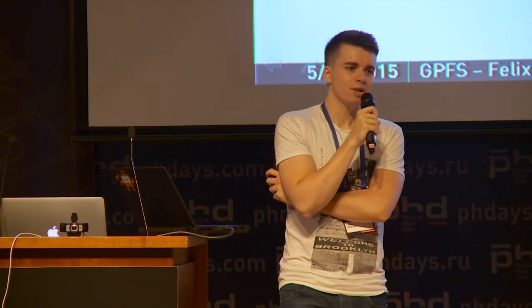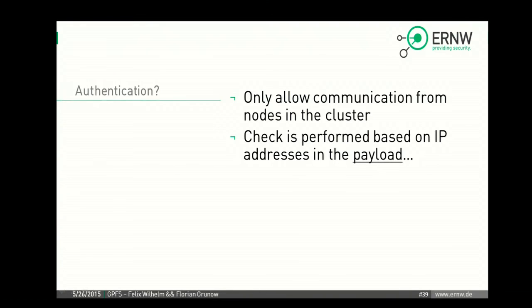Now, what kind of authentication is actually used in this hello packet? Because you don't have something like a password or anything we did see. When we analyzed the binary, we saw that the only kind of authentication they're actually using is that only communication between nodes in the cluster is allowed.